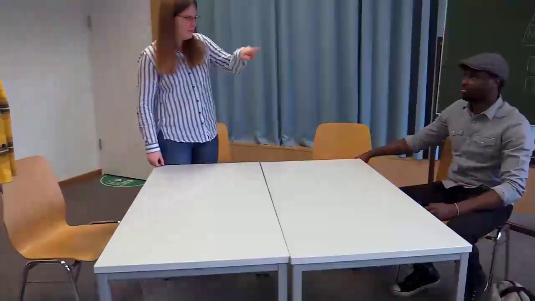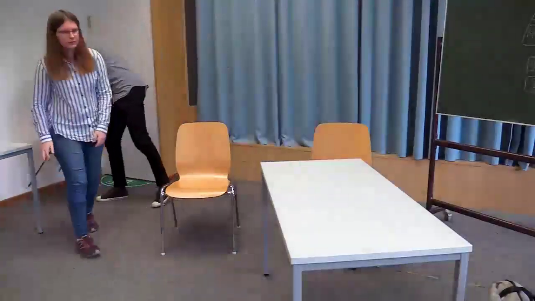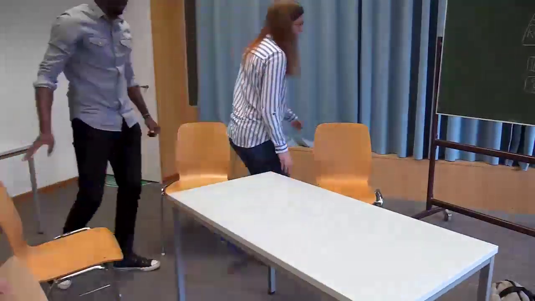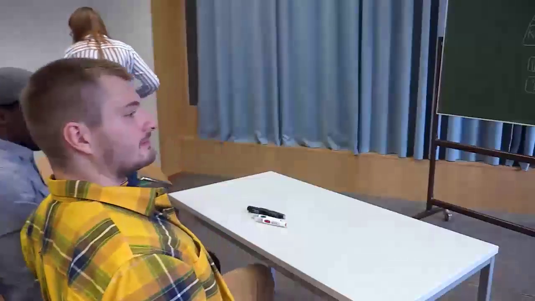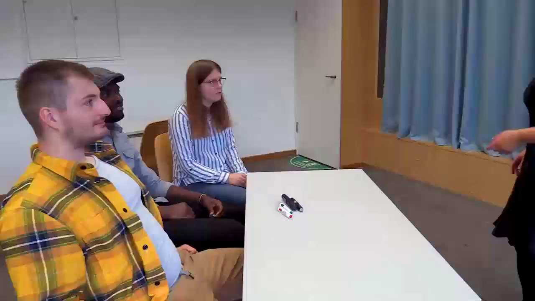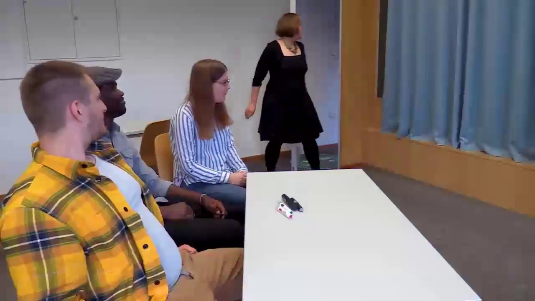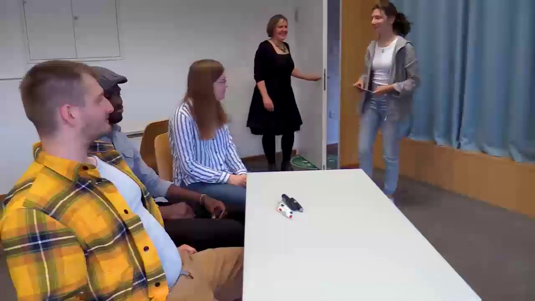The students set up the situation so that the simulation can start. If everyone is ready, you ask the simulating teacher to come in and start with his or her lesson.